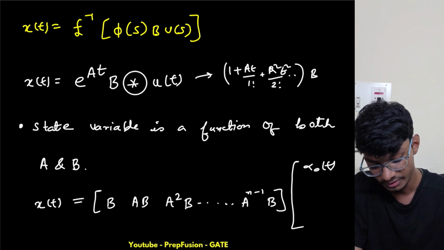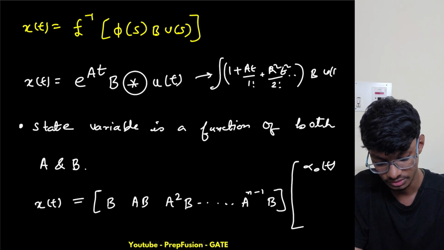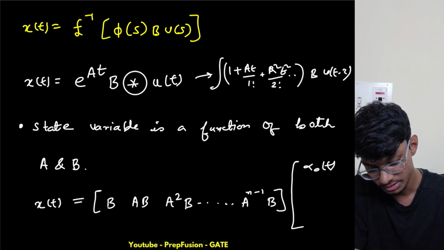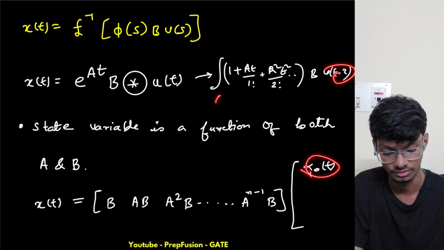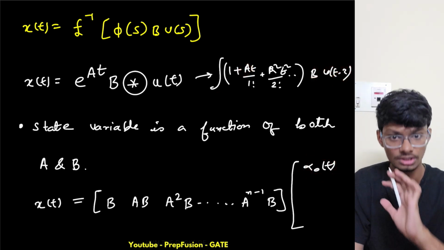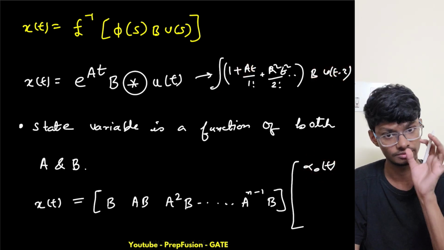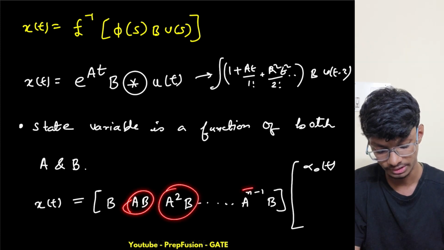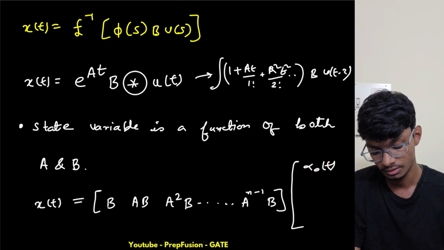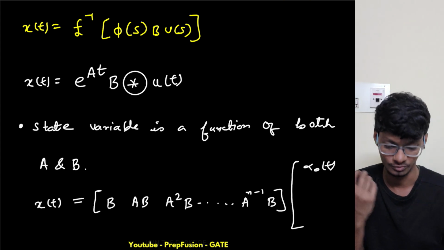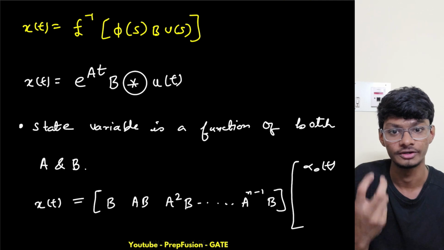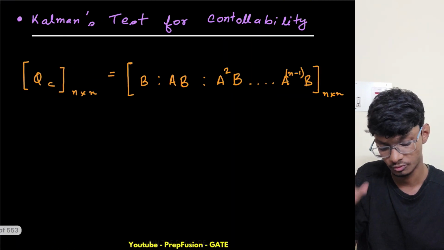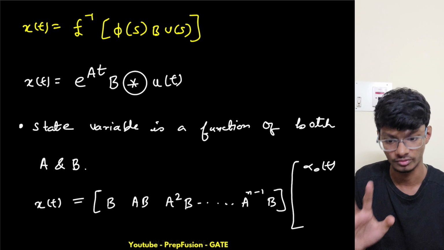If I do the integration of this with e raised to t minus tau, I will keep this one here, the function of t and this integration part, and I will keep the other one outside, because this will be constant. A times B is just a constant, not a function of time, not of anything. So I'm keeping this outside and all the other things here, for simplification. If you don't understand, don't worry, because this proof is not important at all. It is just to give you a bit of intuition.